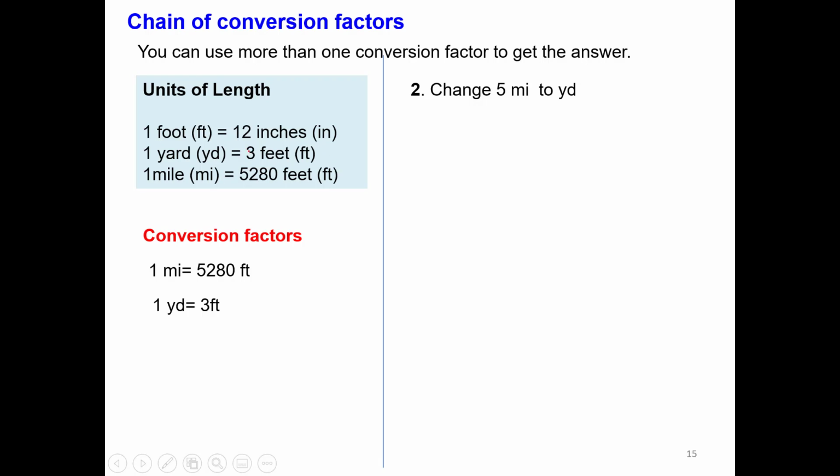Then we can use these two conversion factors to get the answer. We convert first miles into feet, and then we convert the feet into yard using the second conversion factor. Let's do that. Then we have 5 miles.